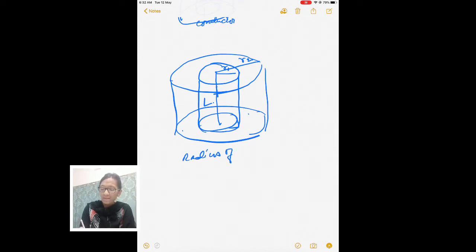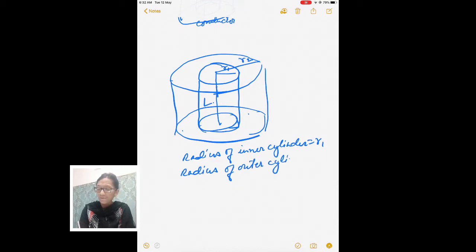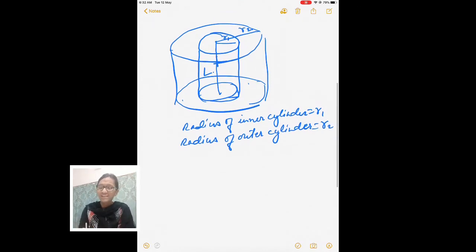The radius of inner cylinder is equal to R1. The radius of outer cylinder is equal to R2, and the height of the cylinder is equal to L.